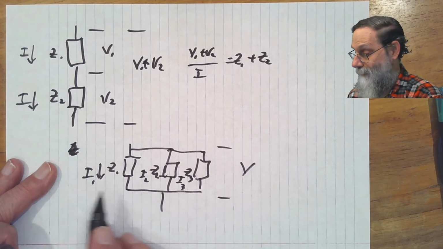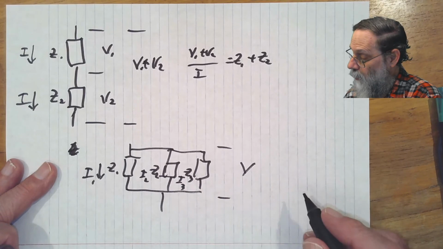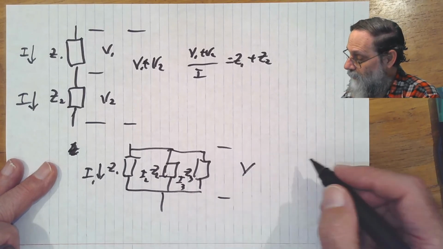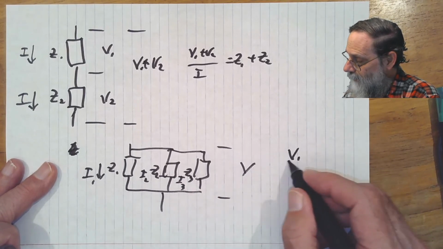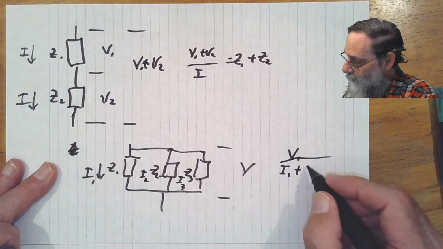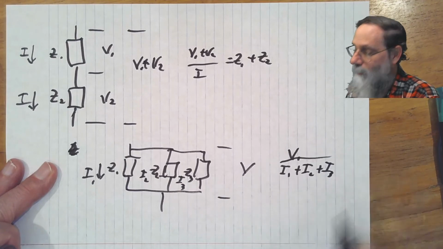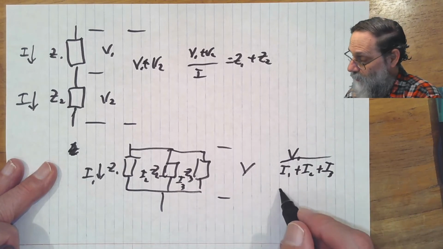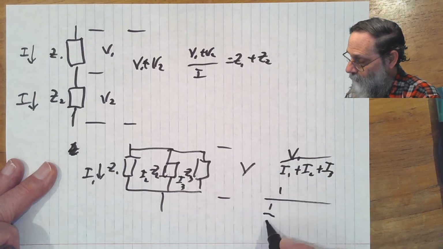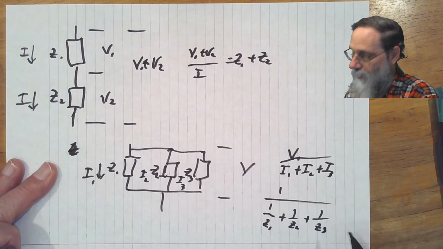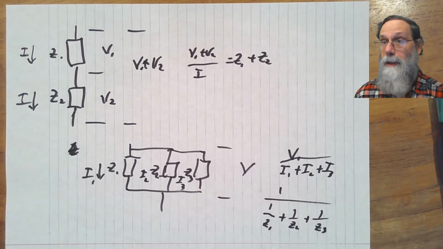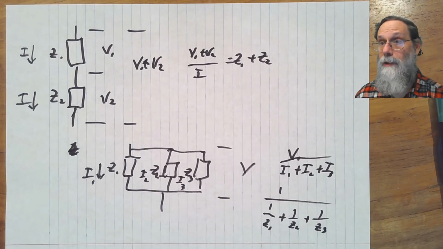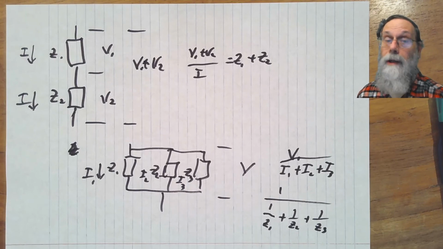Currents will add, and so the impedance of the whole thing is V divided by (I1 plus I2 plus I3). If you do a little bit of algebra on that, you get the same thing as we got for resistances. This is going to be 1 over Z1 plus 1 over Z2 plus 1 over Z3. So impedances behave exactly like resistances because they have the same underlying fundamental concept of being voltage divided by current.